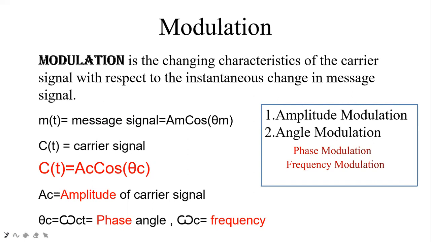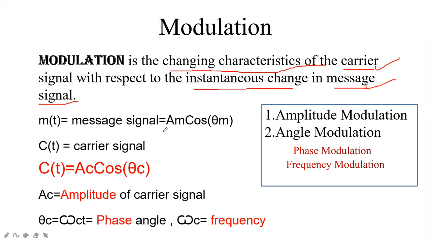So there are two signals basically involved in modulation. The first one is the carrier signal and the second one is the message signal. And always remember, the message signal is low frequency and the carrier signal is high frequency, right?